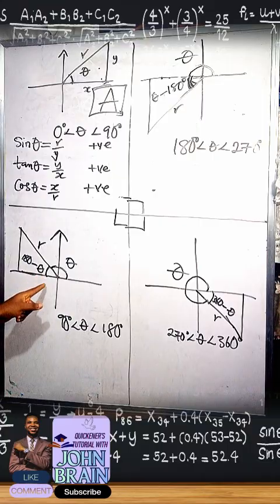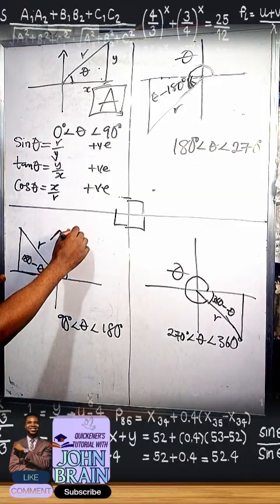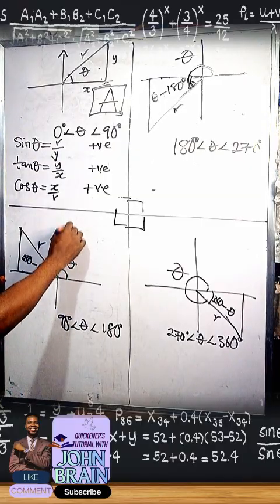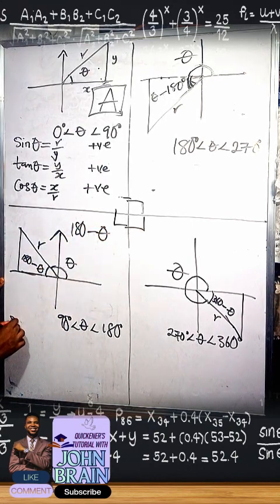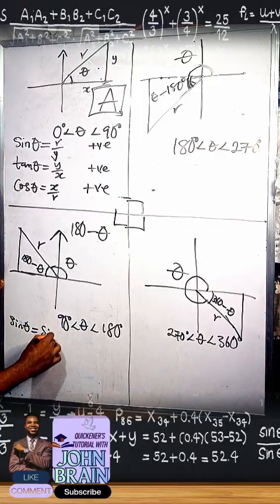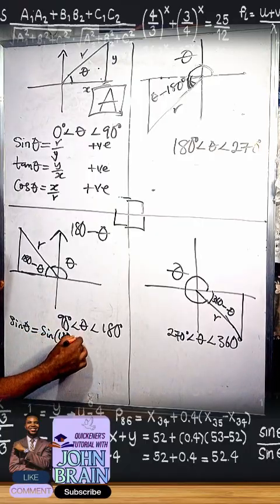The second quadrant, you can see. When you want to get the second quadrant angle, you must know that it is 180 degrees minus theta. So if I give you sin theta, it means that you must reduce it to sin 180 degrees minus theta.